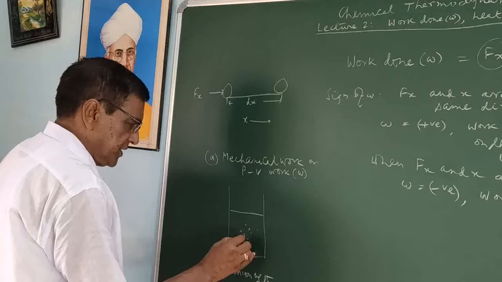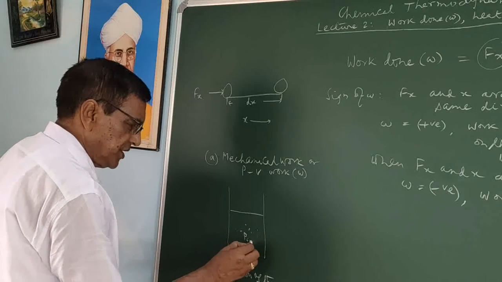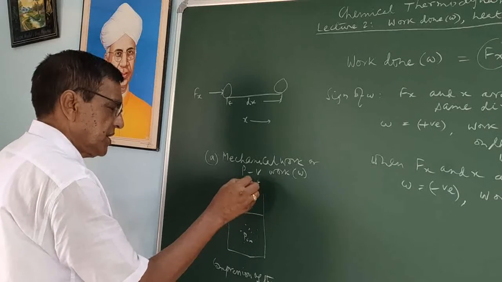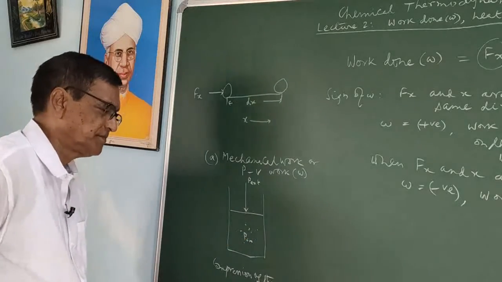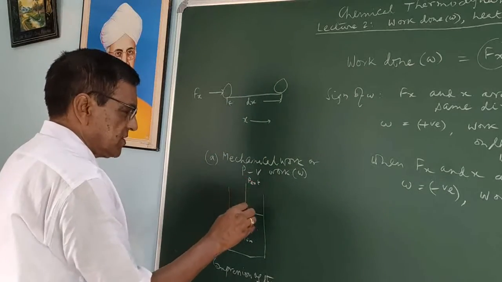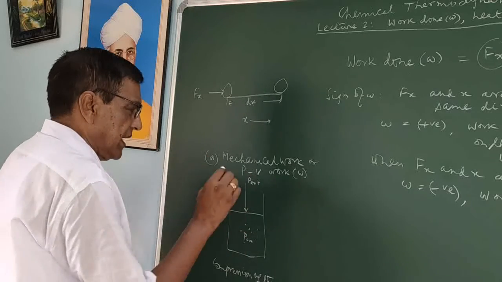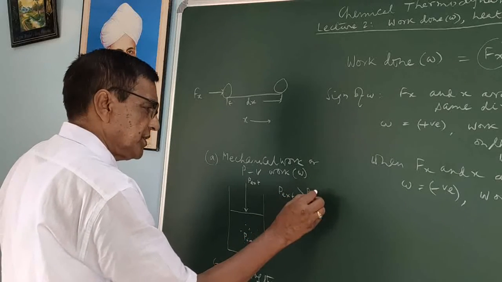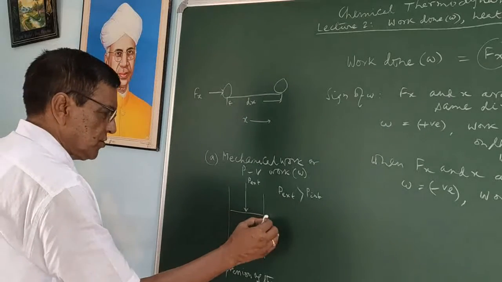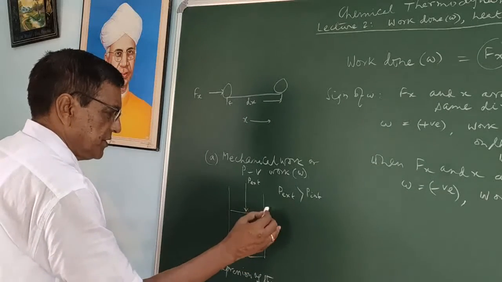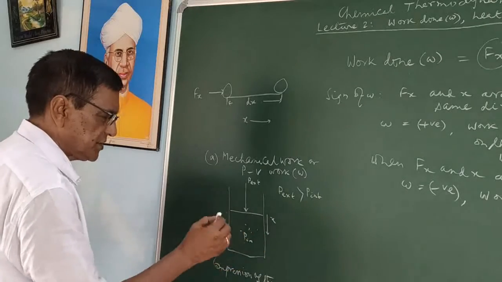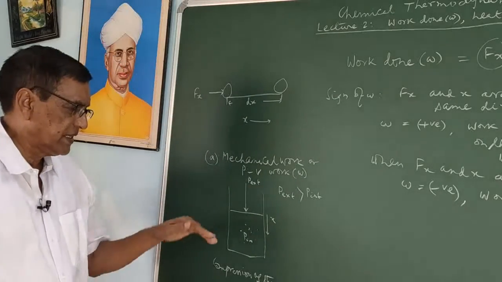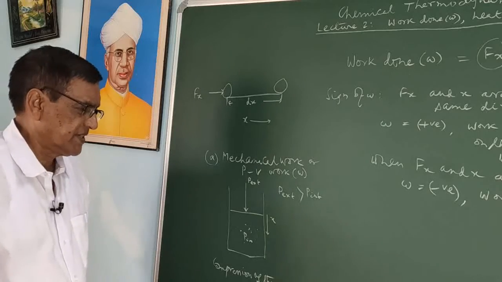Here is the internal pressure within the gas, and the external pressure is the pressure exerted by the surroundings, in this direction. When P external is greater than P internal, the piston moves in this direction and continues to move downward.